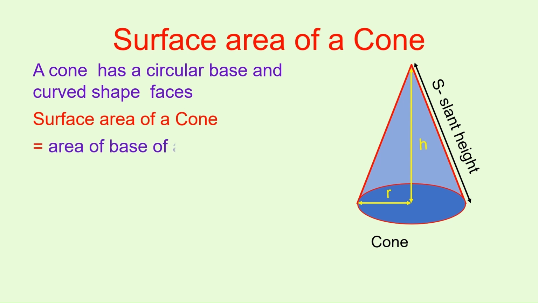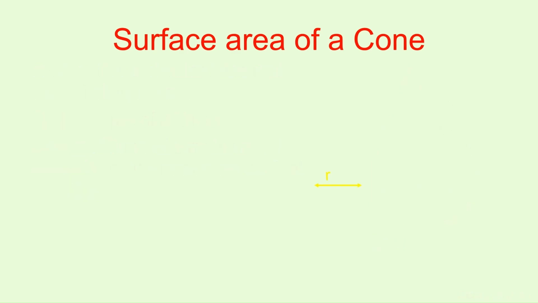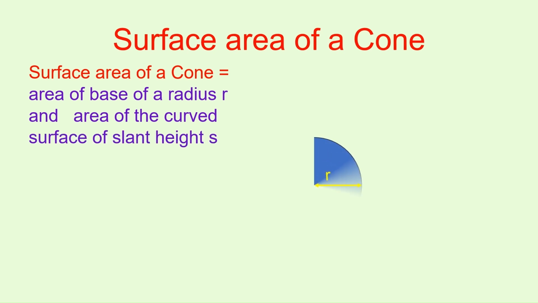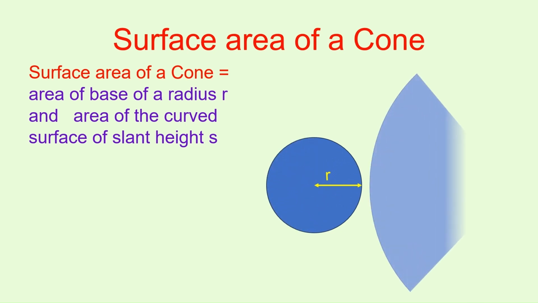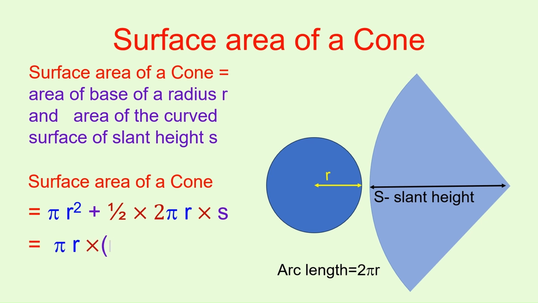Surface area of a cone equals the area of the base of radius r and the area of the curved surface of slant height S. Surface area of a cone equals pi times r squared plus 1/2 times 2 times pi times r times S equals pi times r times (r plus S).